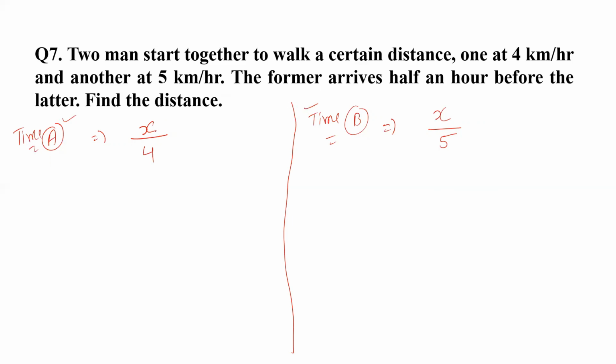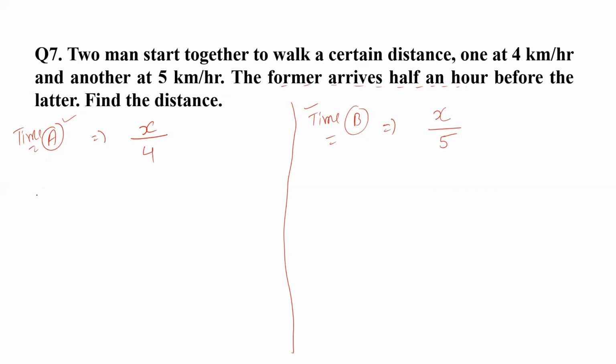But we have been given a very useful piece of information: the former arrives half an hour before the latter. That means the difference between their times is half an hour. So now solving this becomes very easy.